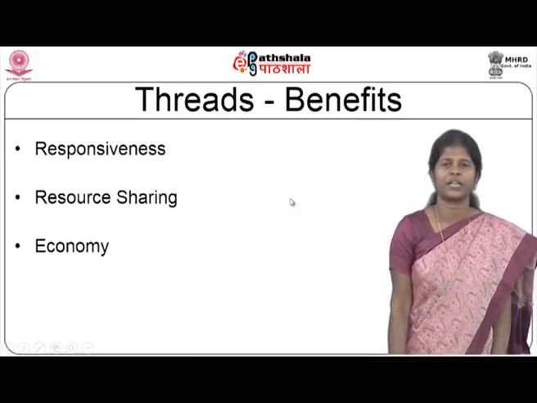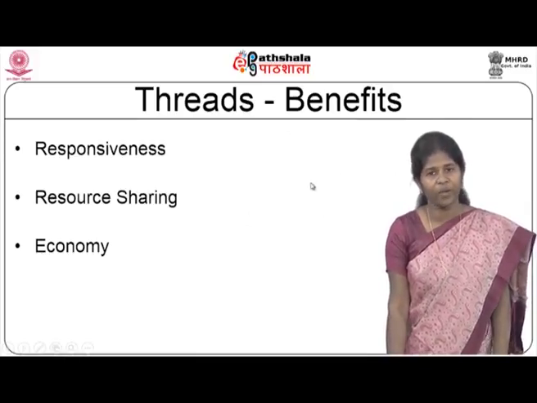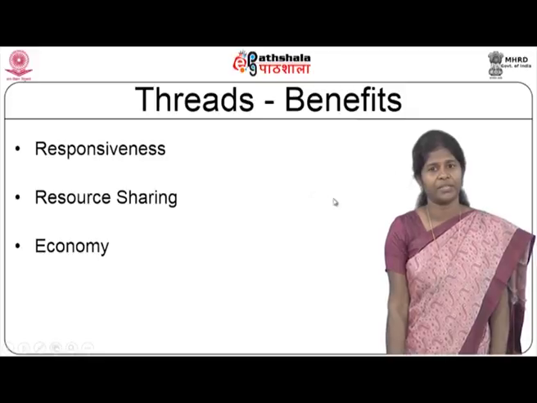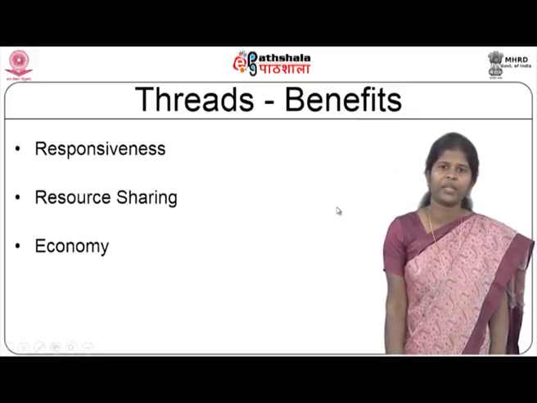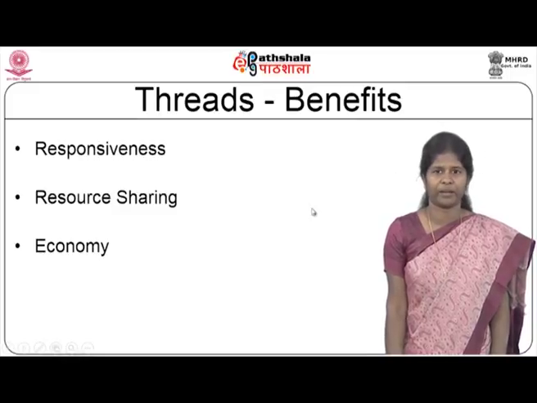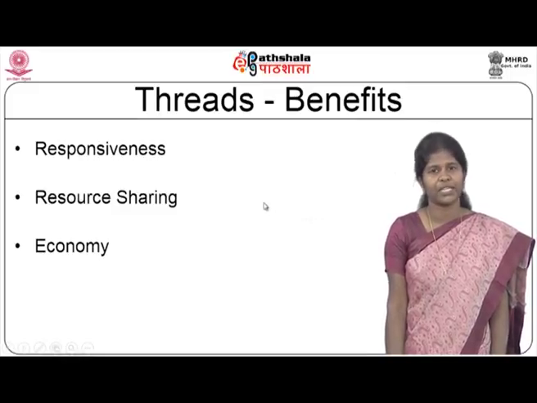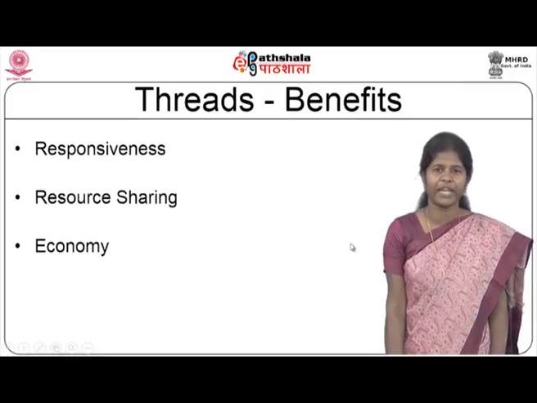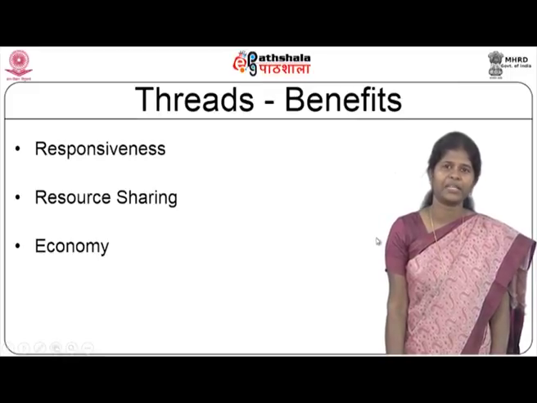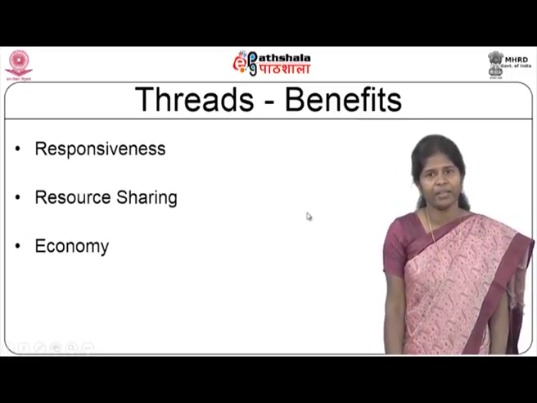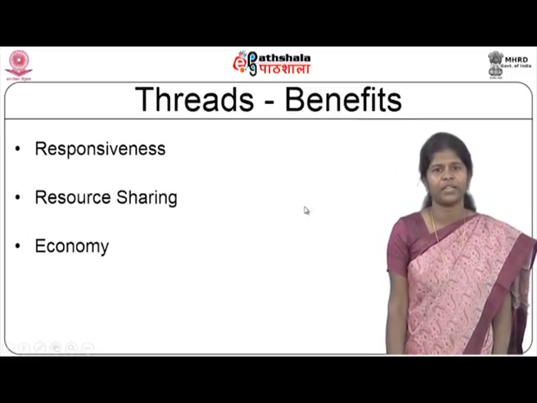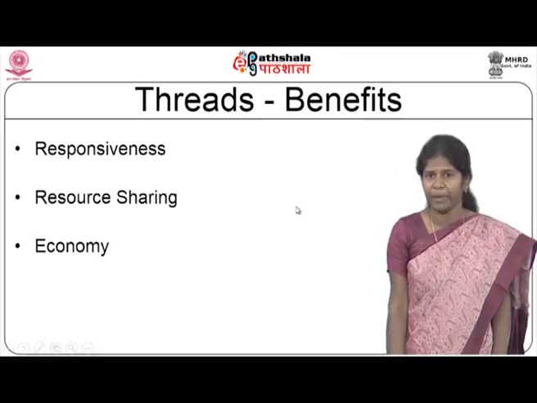One is responsiveness. When you have a single process, the time at which you get back a response will not be quick compared to threads, because in threads you have multiple threads running simultaneously and hence the response can be very quick. And in the case of threads, you do not have to allocate resources for each thread independently.